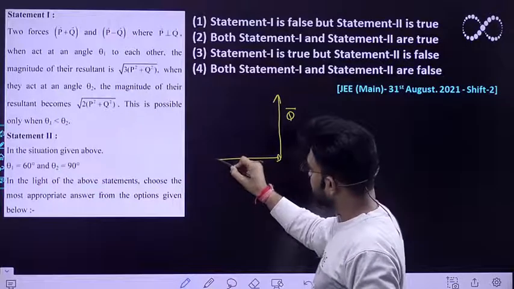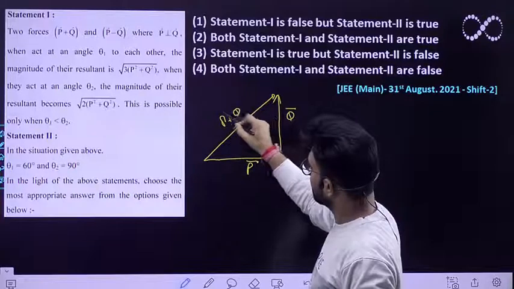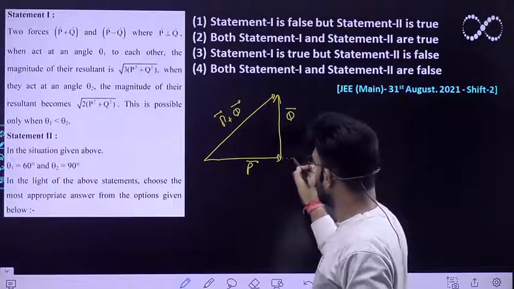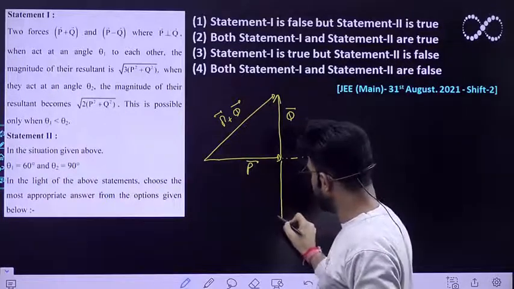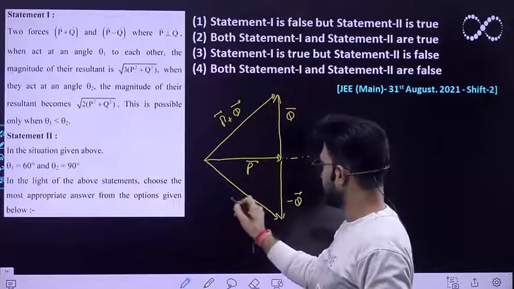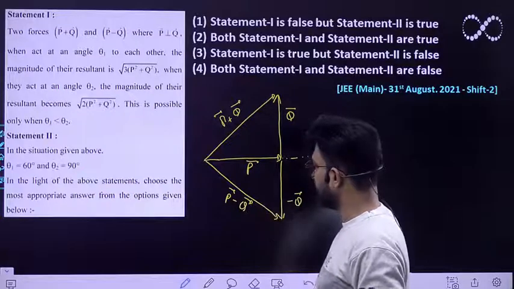Okay, and P plus Q, okay, so these are perpendicular, so this is P plus Q, and you'll be getting minus Q, so this is P minus Q that you are getting.